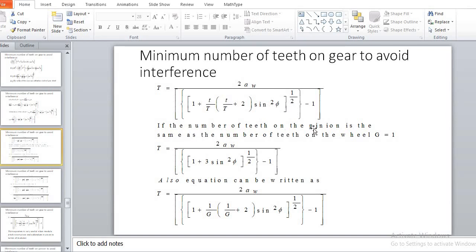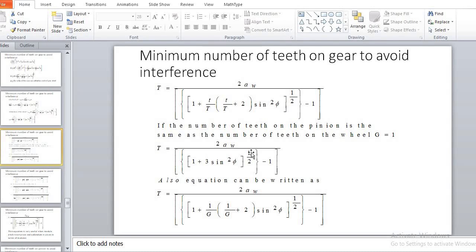If the number of teeth on the pinion is the same, that is, if this t and this t are the same, then this becomes 1 and the equation modifies to the square root of 1 plus 3 sin square phi, minus 1.